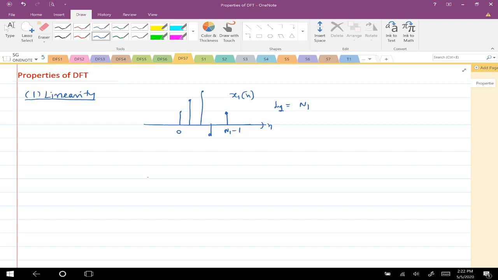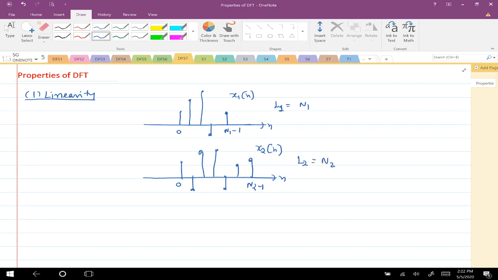Okay, and take another signal, starting from 0 and ending with n2 minus 1. Let us call this x2 of n, and let the length of the signal be n2.